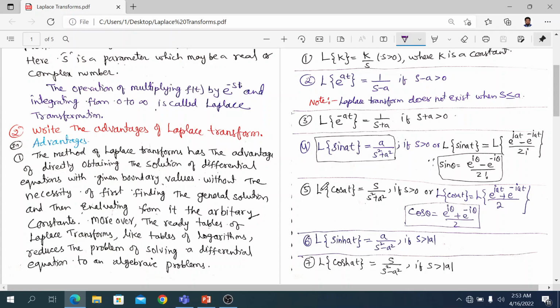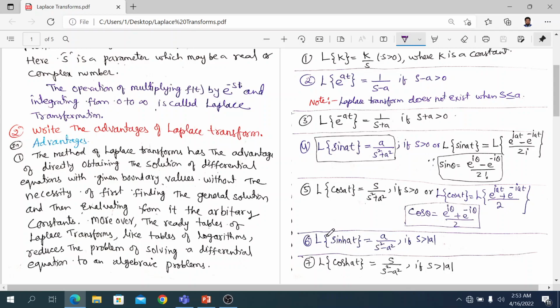Now Laplace of cos at is equal to s by s square plus a square, or we can write it as e power of iat plus e power of minus iat by 2, where cos theta is equal to e power of i theta plus e power of minus i theta by 2.